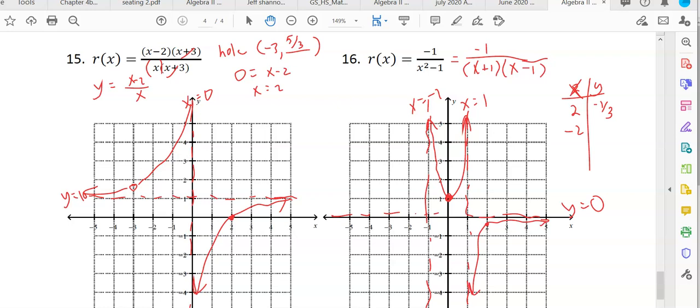And if I plug in negative 2, I get negative 1 times negative 3, which is positive 3, negative 1/3 also. So it's going to be down over here. And you got it.